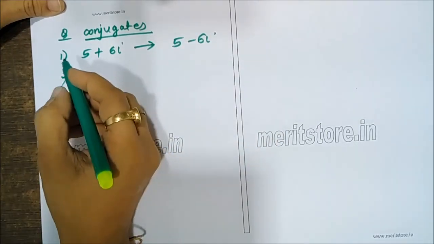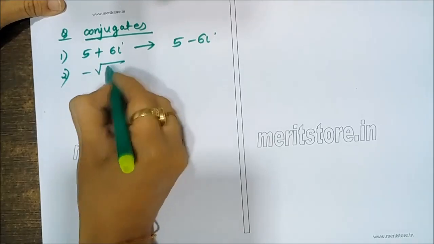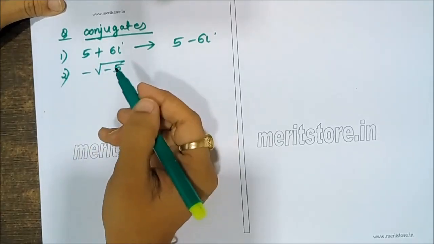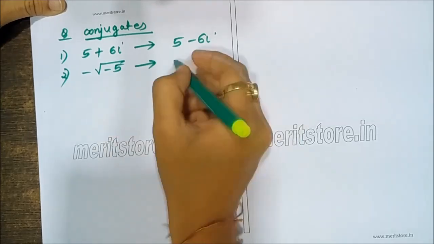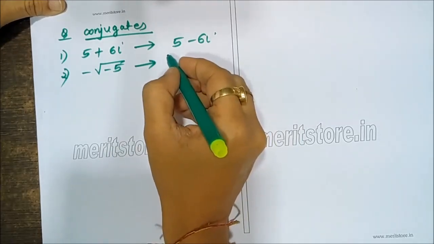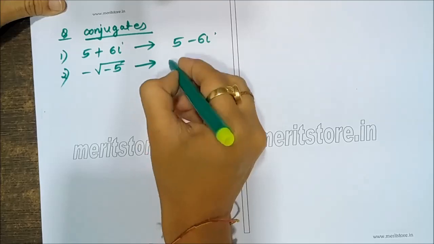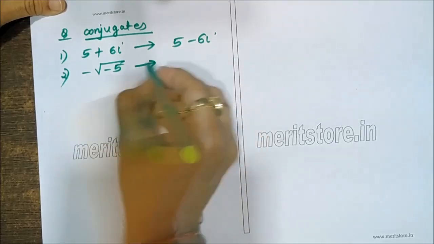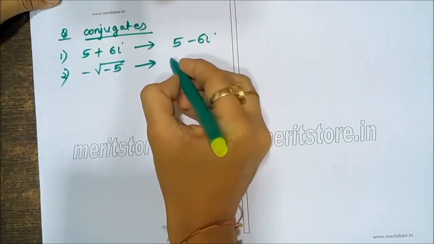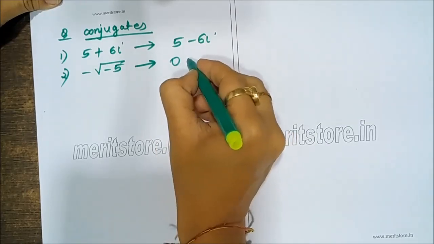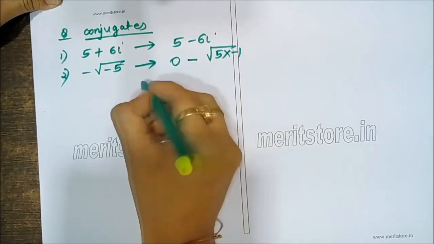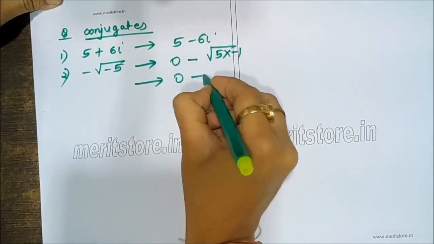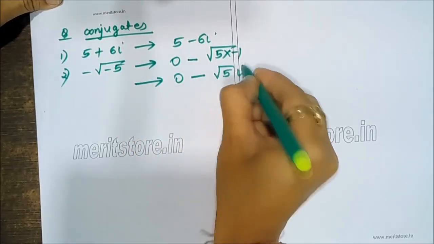Second, let's say minus of root of minus 5. Here you would see minus is given. When I say the real part and imaginary part, what happens? Your real part is 0, it's not given. So this is basically in the form of minus 5 into minus 1, that is 0 minus root 5i.